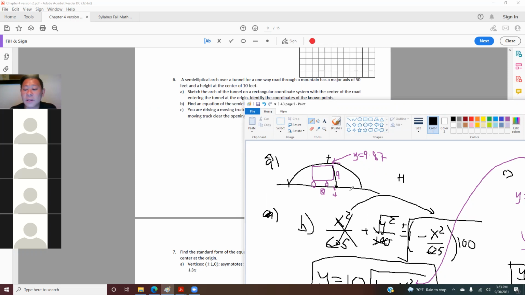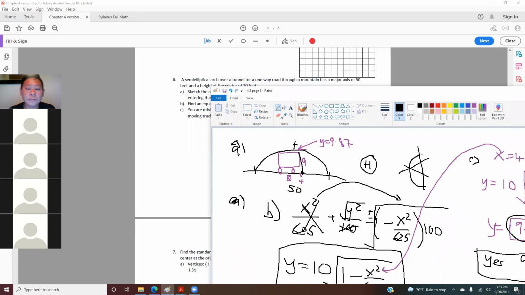So from here to here is 50. Oh, and it's on the x-axis? Yes, the major axis will be from here. You don't build a tunnel that looks like the other way around. So that's why it's going to be horizontal in this case. All right, got it.